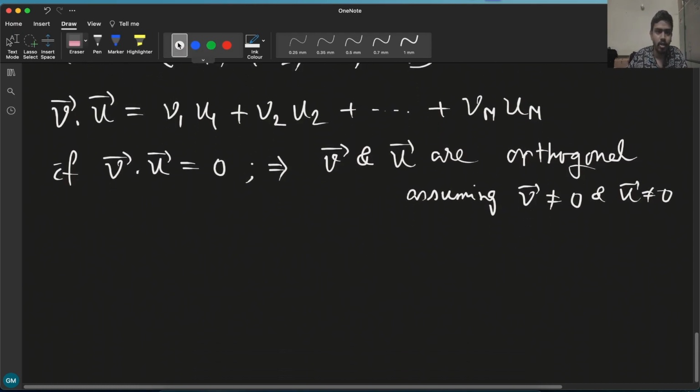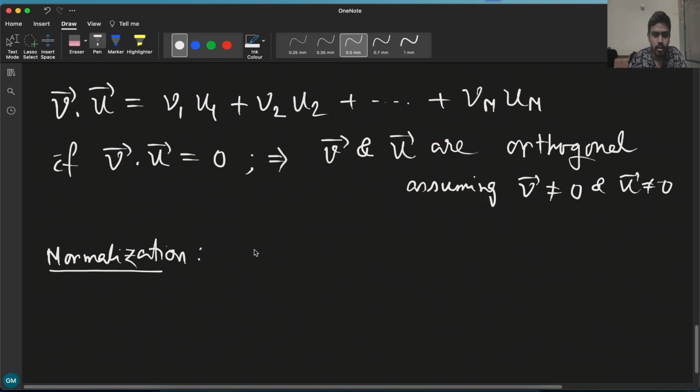Okay, and normalization is basically, let's say we want to normalize this vector v, that means we want to find a unit vector along v, but there is no sense of directionality here.